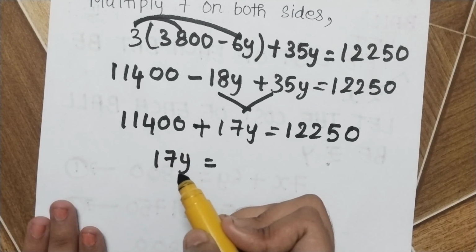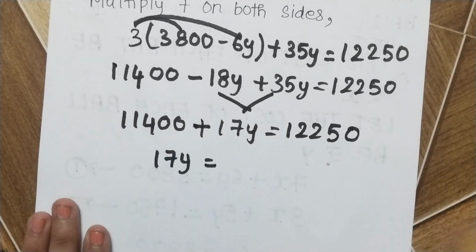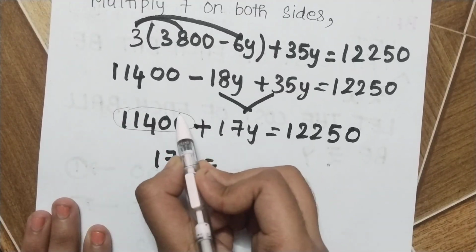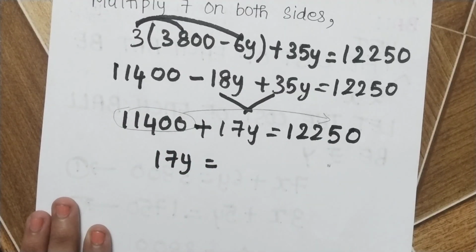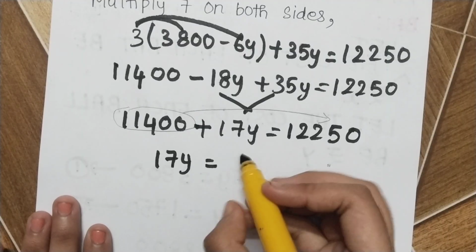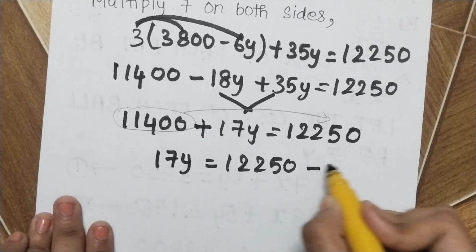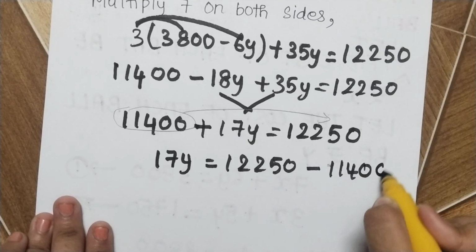So isolate y on one side and move all the terms to another side. Okay, so here this number will go here. If it goes, it will get subtracted, right? So 12250 minus 11400.